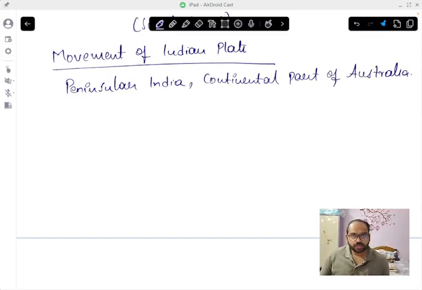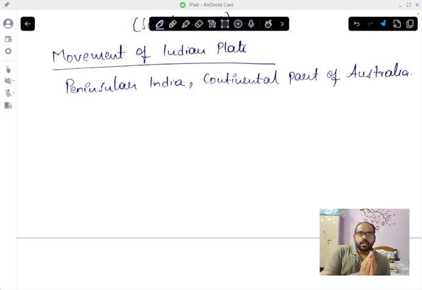The Indian plate, we have discussed it once. It was a whole unit mass with Africa, Australia, India and Antarctica.